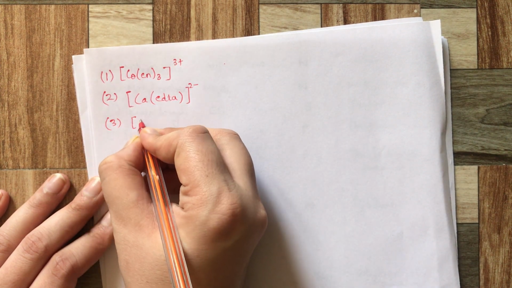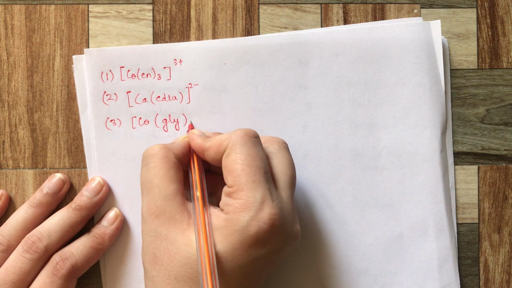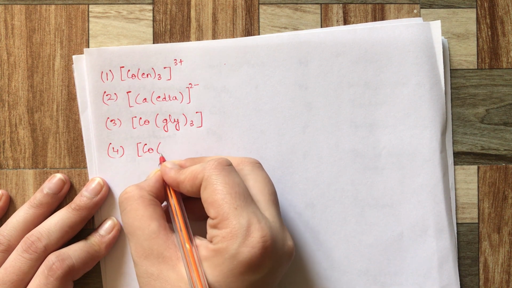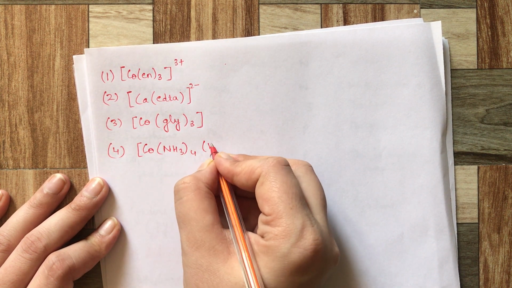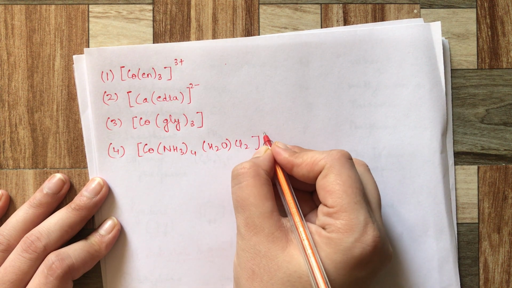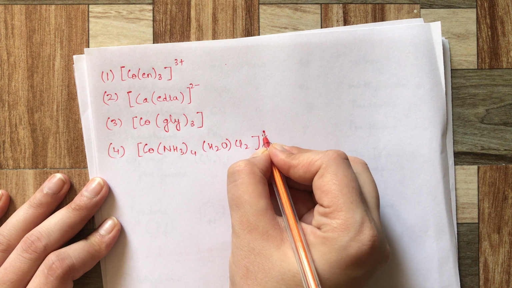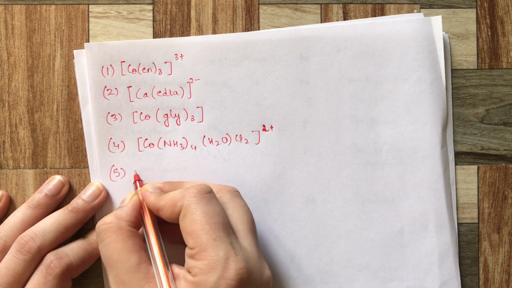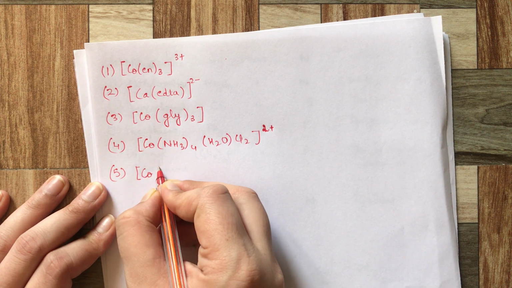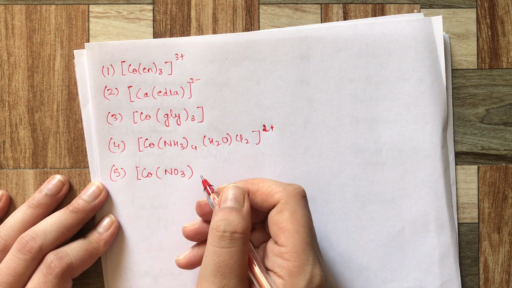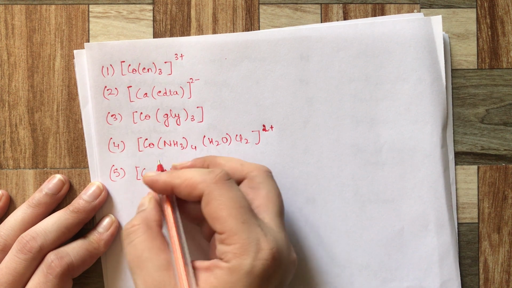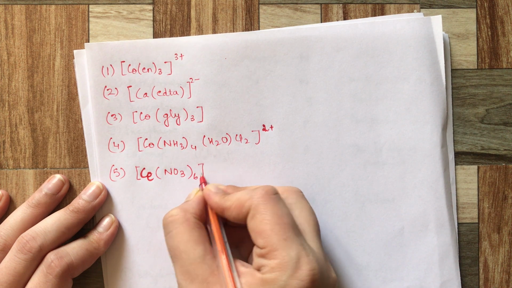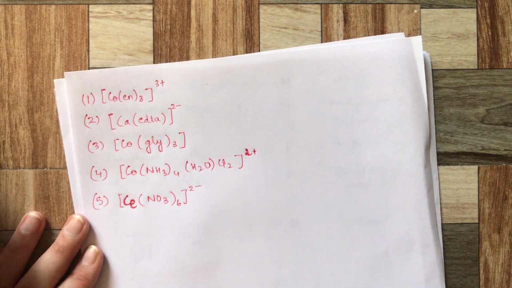Third one is [Co(gly)3]. Next, suppose we have [Co(NH3)4(H2O)Cl]2+. Then we have cerium, Ce, [Ce(NO3)6]2-. So how do you find these oxidation states?